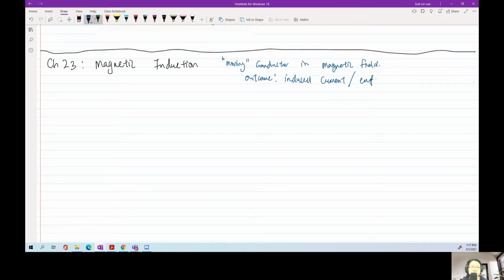So here we're going to start off this topic with two laws to rule them all. The first law is Faraday's principle, or Faraday's law.